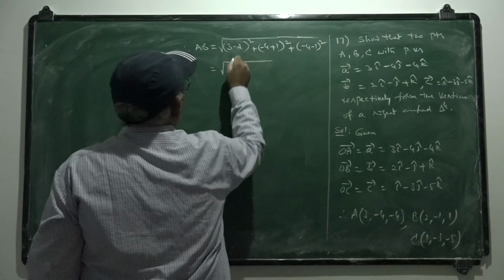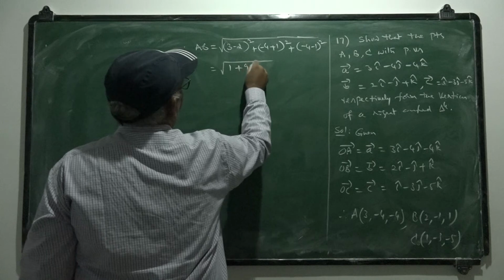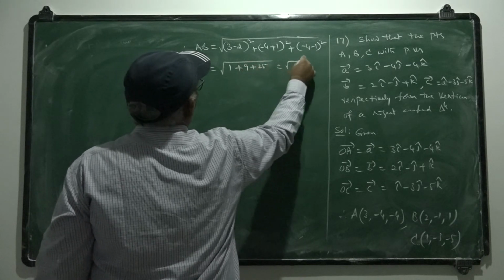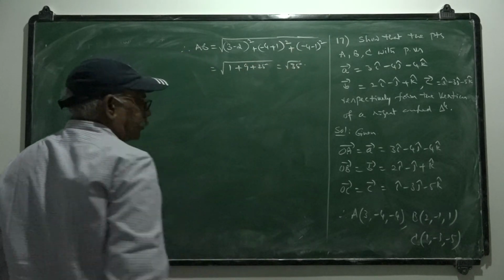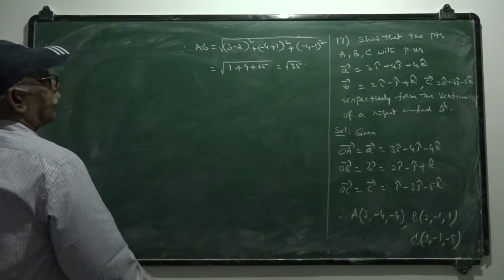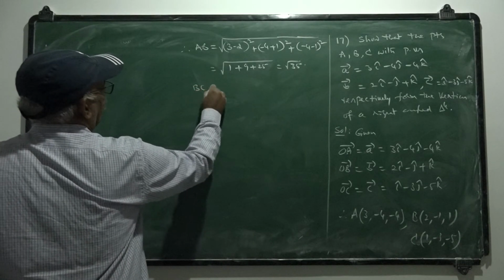That gives us 1 plus 9 plus 25, root 30. Similarly, find BC.